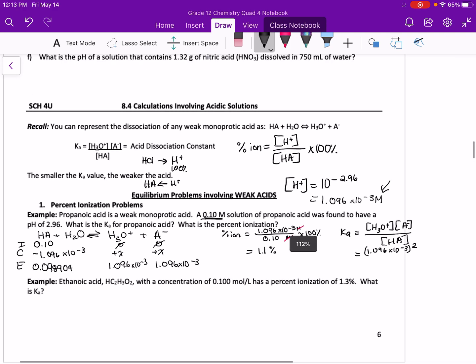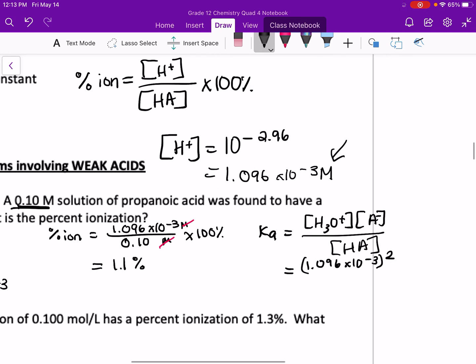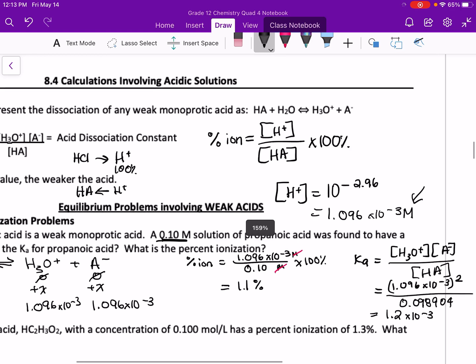And then HA at equilibrium is 0.098904. So my Ka value is 1.2 times 10 to the negative 3 when we complete this.